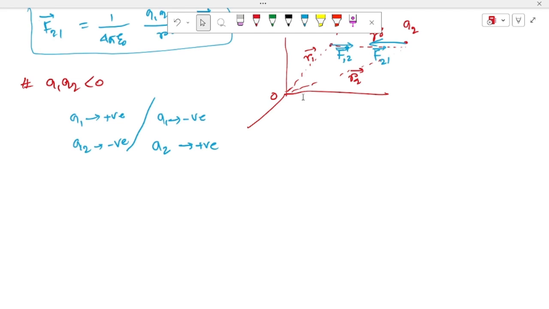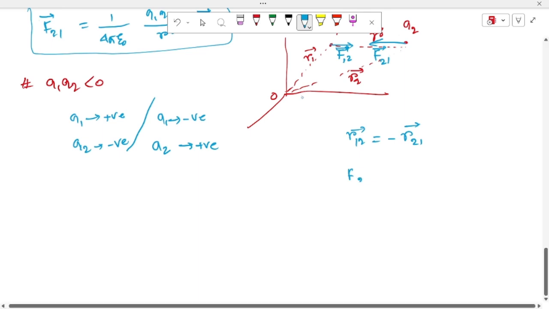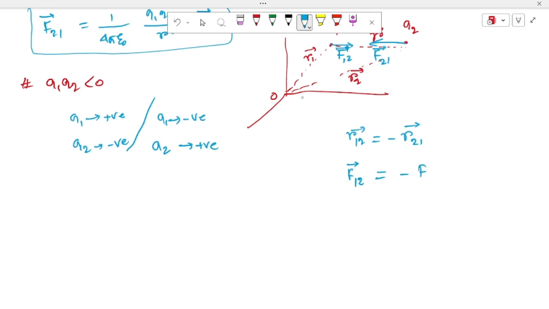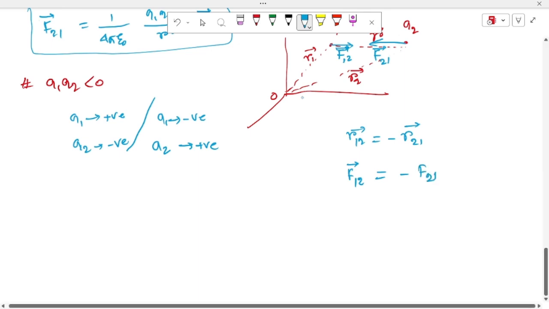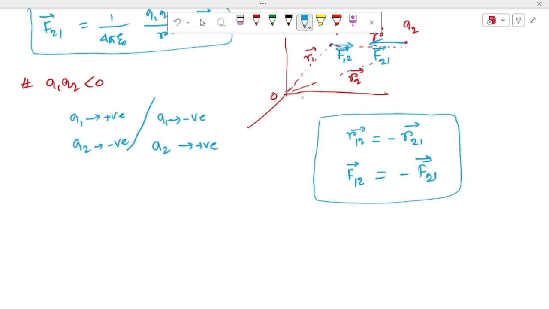From here it is clear that r12 vector is equal to negative of r21 vector. Then also force due to 2 in 1 vector is equal to negative of force due to 1 in 2, right? So this will be the situation when they are of opposite polarity.